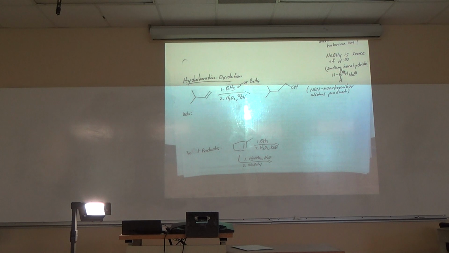What's new there? The hydrogen. The hydrogen, yes. And overall, what are we adding to this alkene? Alcohol. What have we added to the alkene? Now we added water. An OH on the bottom and an H on the top. That adds up to H2O. Again, we did not react with just water. We reacted with a boron.